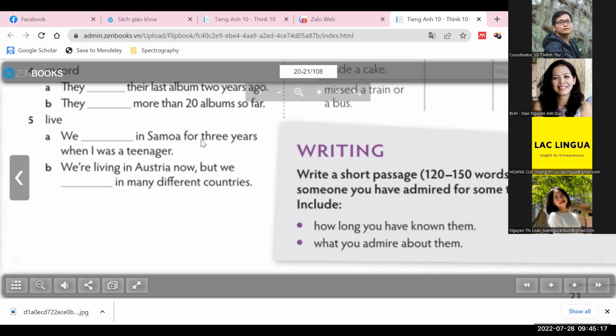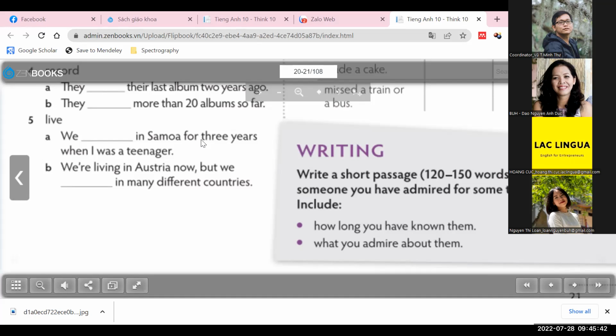Second, how long you have known them, how many years. And then what you admired about them, why you admire them. And then write down 3 or 5 vocabulary words you want to use to describe them. And what did they do?